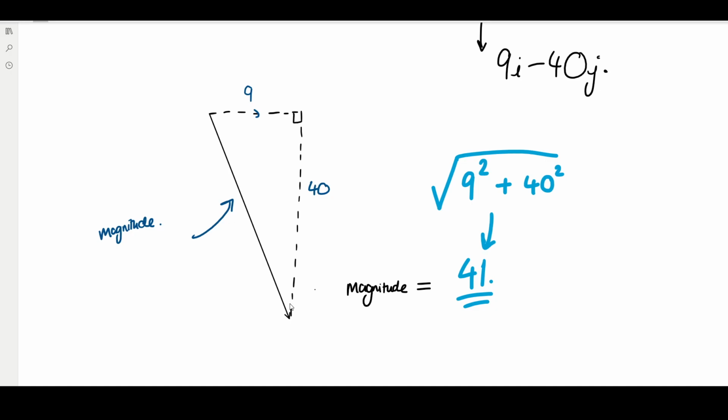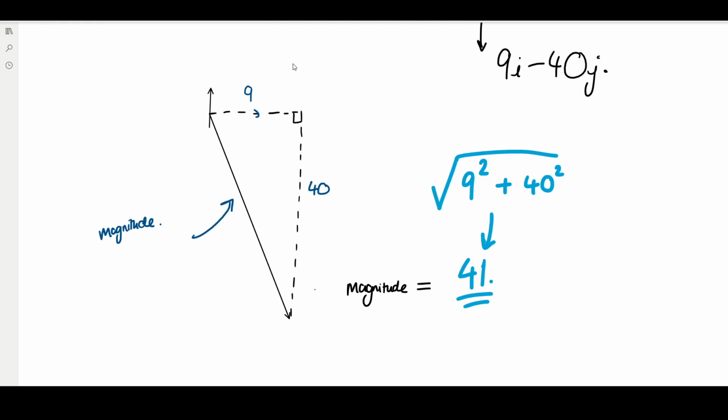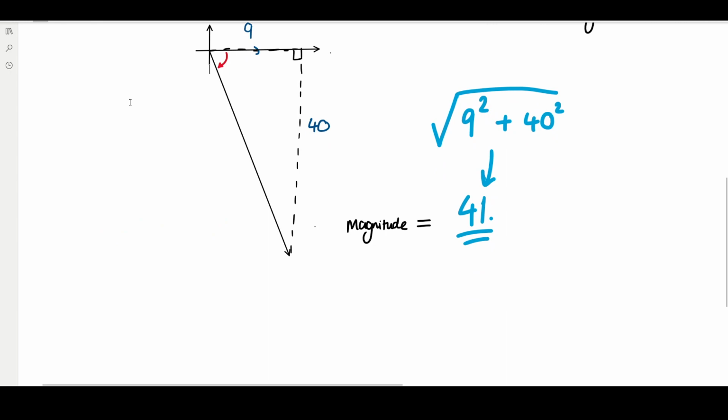And for the direction, I need to consider the angle that it makes with the i direction. So if we had our axes, they would be along here, and I'm finding this angle here. The direction will be a negative quantity because it's under the axes. So in terms of my sides, I know the opposite and I know the adjacent, so I'm going to use tan.